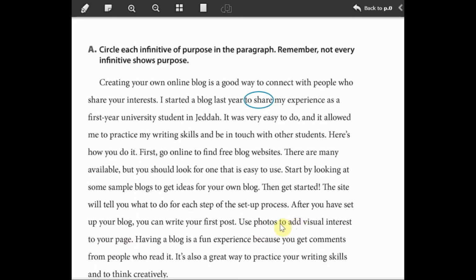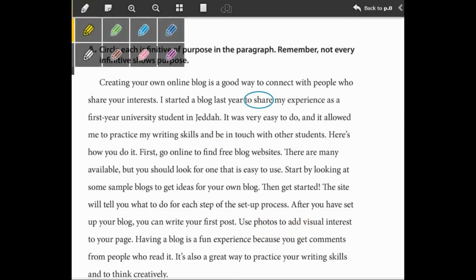But does it have the meaning in which an answer to the question why the verb occurred is clear? Let's have a look. Why do we use photos? The answer is to add. So yes, it does clearly answer the question. So therefore, to add is an infinitive of purpose.